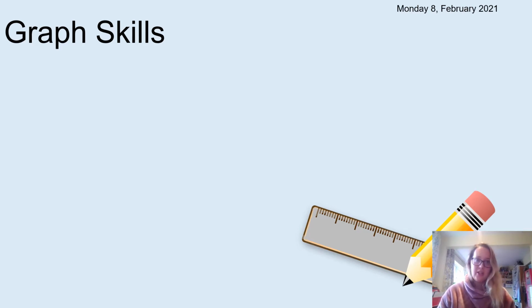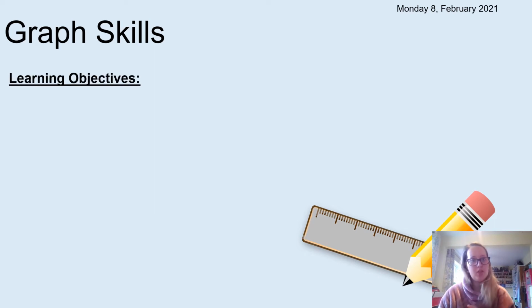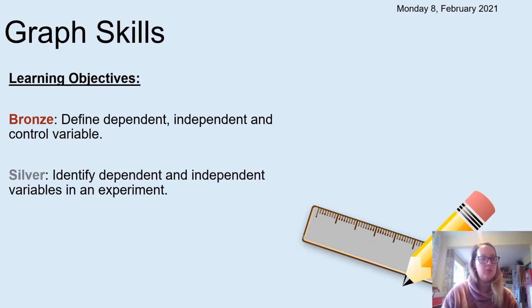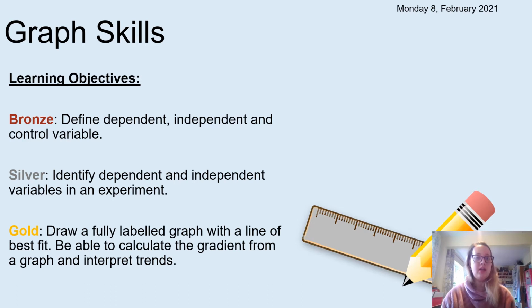So today we are going to look at graph skills. The learning objectives are to define dependent, independent and control variable. We are going to identify dependent and independent variables in an experiment, and you are going to be able to draw a fully labelled graph with a line of best fit, and calculate the gradient from a graph and interpret trends.